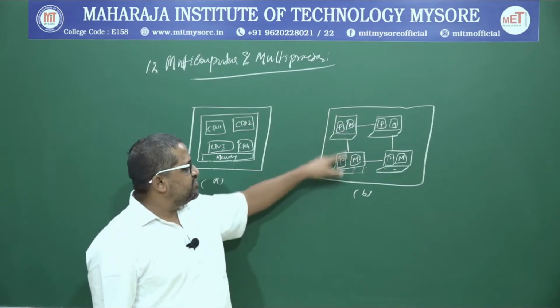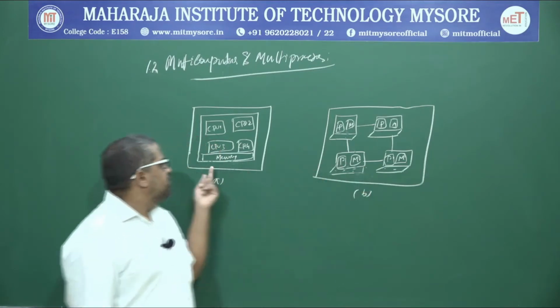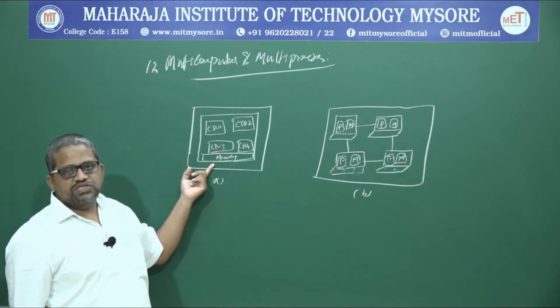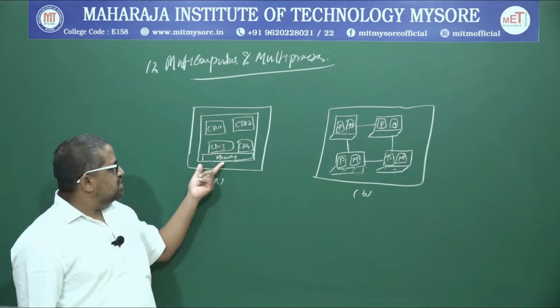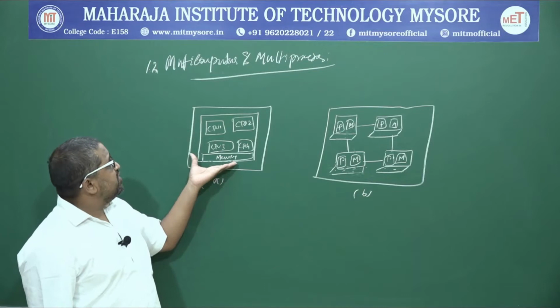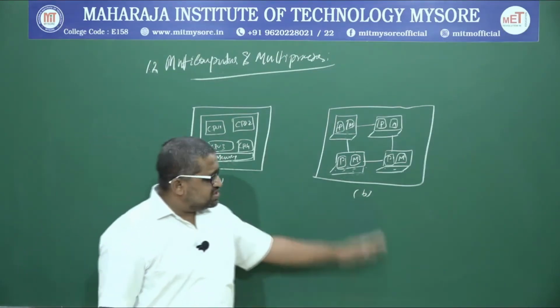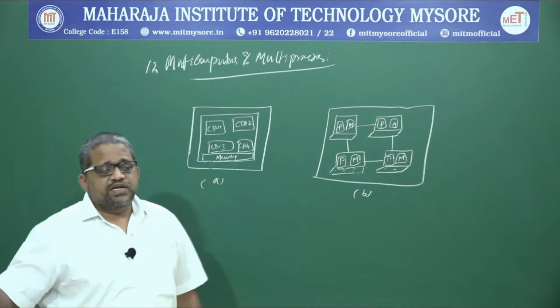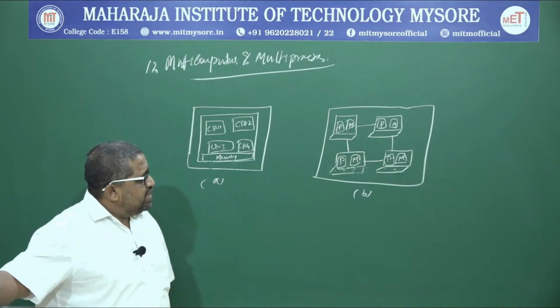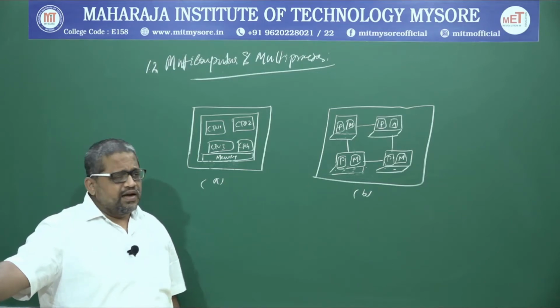Direct access of the memory is not allowed in case of a multi-computer, whereas in case of a multiprocessor, all processors are sharing the common memory. So that is where the concept of multiprocessor comes into the picture. Now, if I ask you to list out the difference between a multiprocessor and a multi-computer, what could be the difference, right?